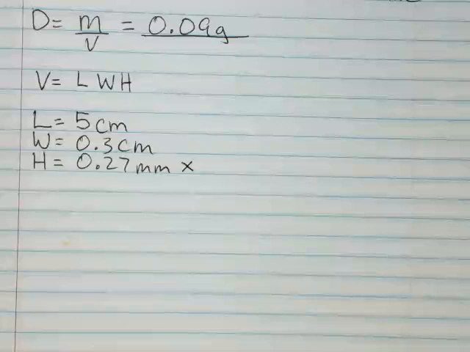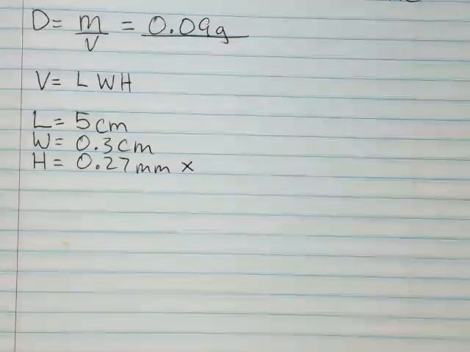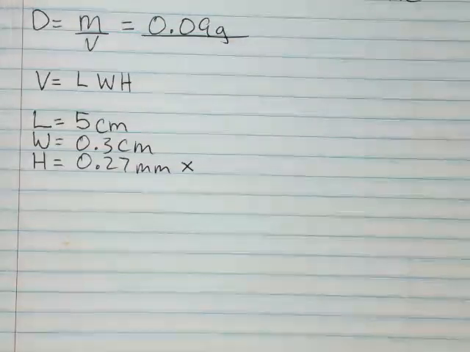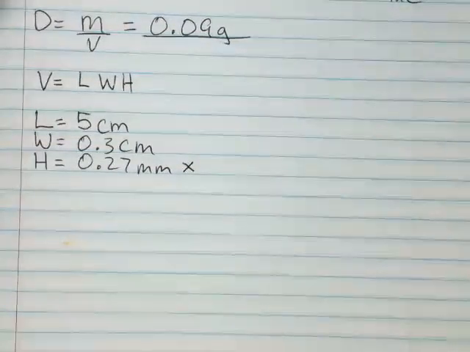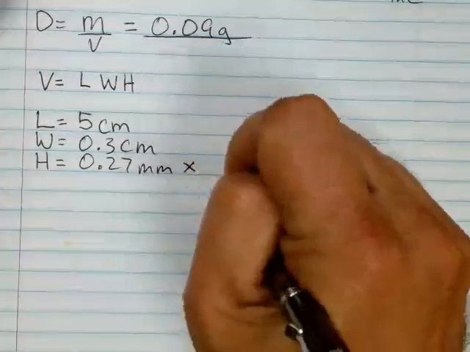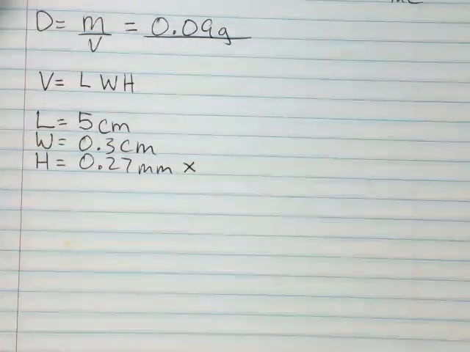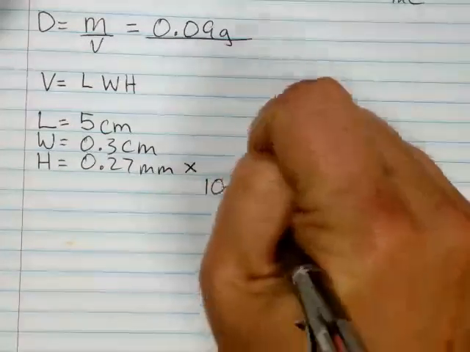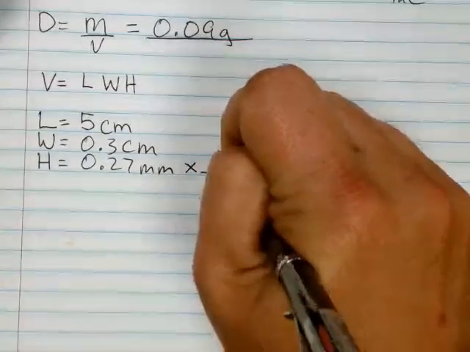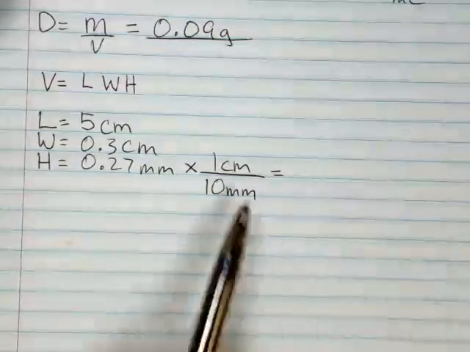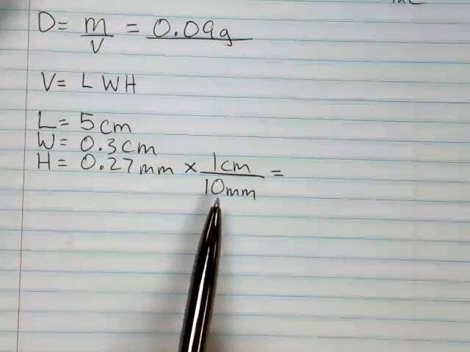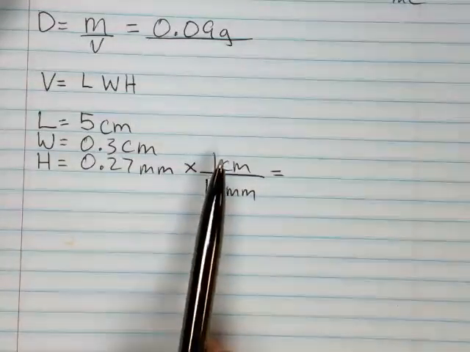So how many millimeters are equal to 1 centimeter? Right. So 10 millimeters is equal to 1 centimeter. So this is a conversion factor. 10 millimeters are equal to 1 centimeter.